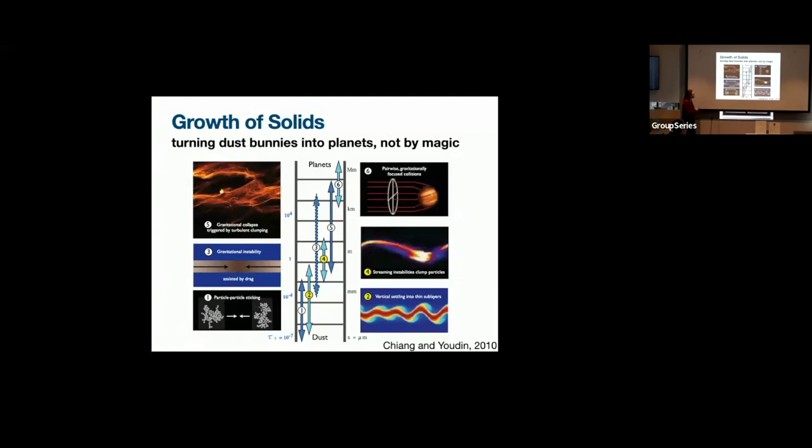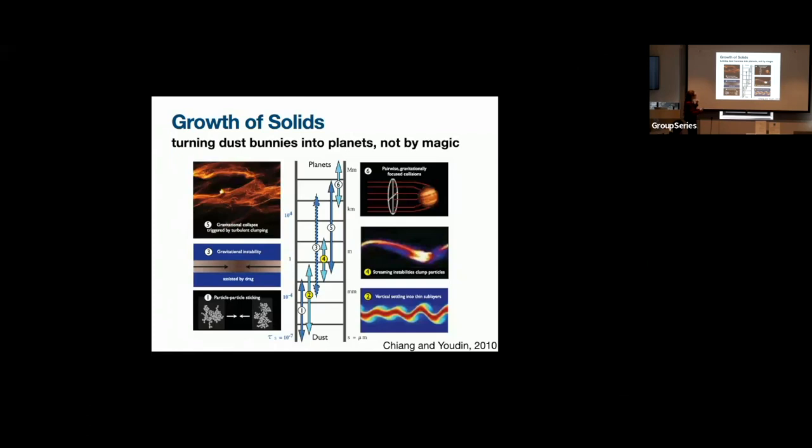But also, the same things that I talked about that made those patterns in the disks complicated to understand, the fact that dust and gas move differently and interact with each other in a complex manner, means that the dust grains can get settled into thicker layers in the midplane of disks and increase the density. You can get instabilities driven by drag in the radial direction.